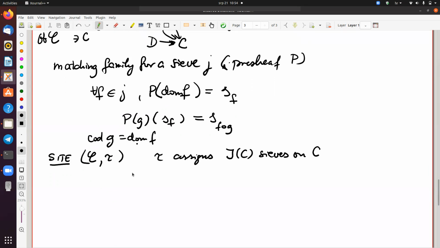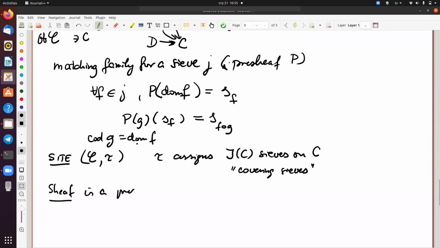And we think of sieves in J of C, and we call these covering sieves.